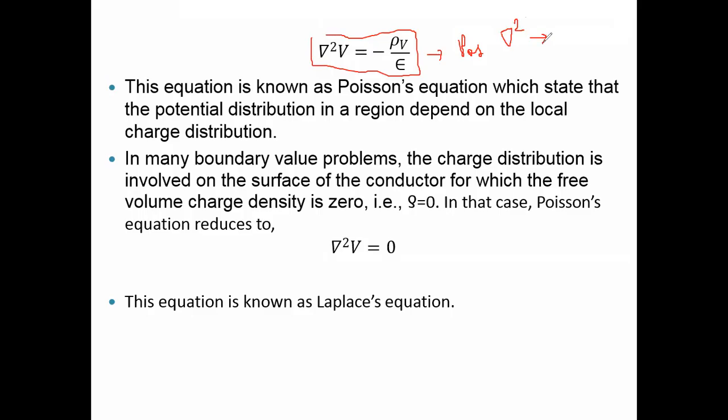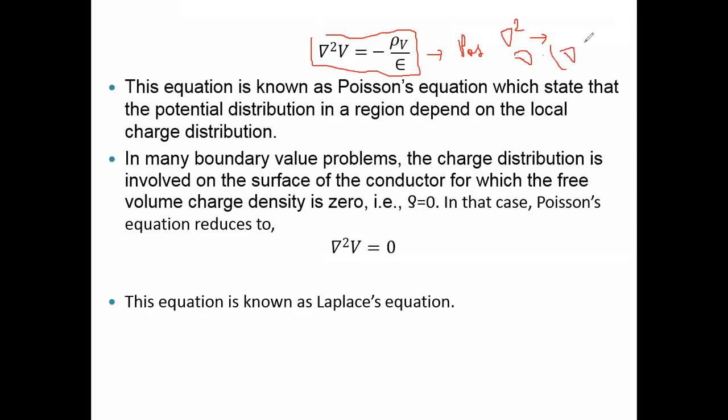We have studied the gradient, divergence, and curl, and apart from that, there is another one that is known as the Laplacian operator. So this del square is the Laplacian operator, and this operator operates on both scalars and vectors. Here it is operating on the scalar. So Laplacian of a scalar is divergence of gradient, del dot del f.